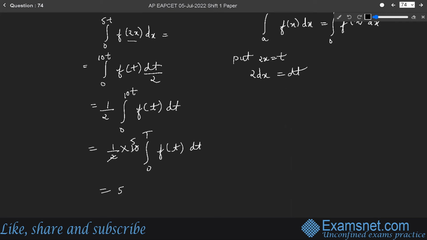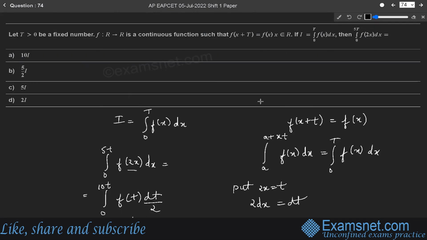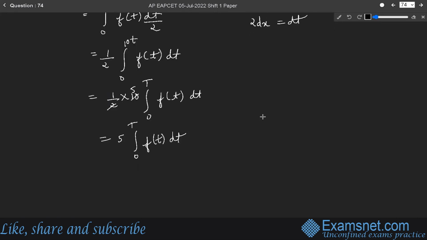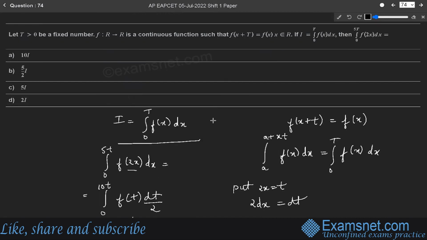So it will be 5 into integral of 0 to t f of t dt, which is equal to I, because in the question it is given that I is equal to integral of 0 to t f of x dx. So we can say that this part is equal to I. So it will be 5 into I. Therefore, we can say that the correct option for this question is 5 into I, which is option number C here.